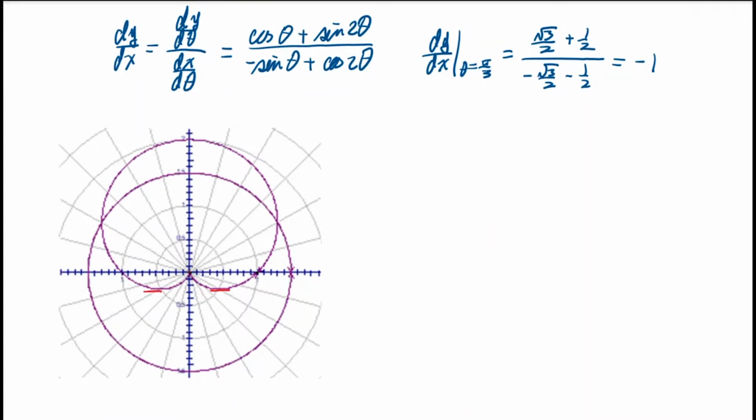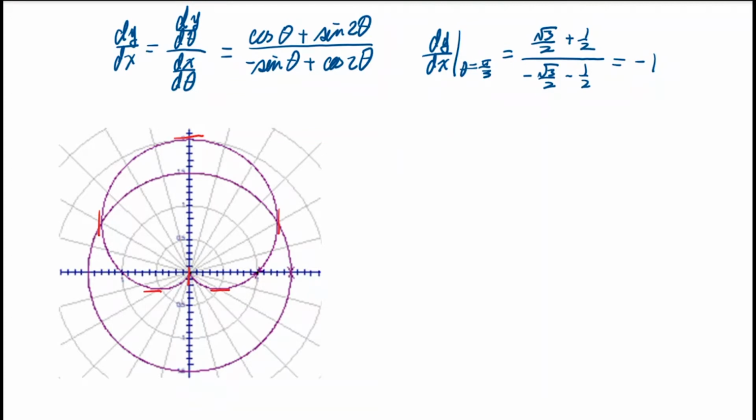Here, here, here, right? If we have to guesstimate, pi over 2, that sure looks like 7 pi over 2. This sure looks like 11 pi over 2, right? Where is it vertical? Well, here, here, there. Okay, so pi over 6, 5 pi over 6, and 3 pi over 2.